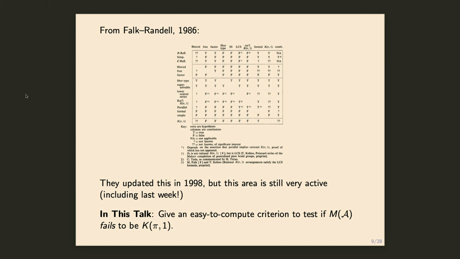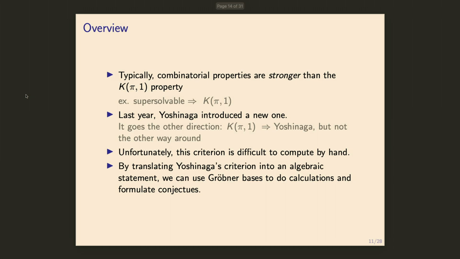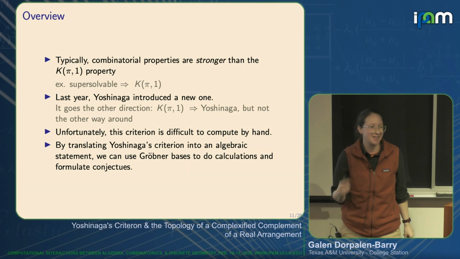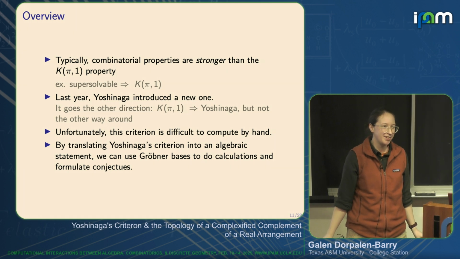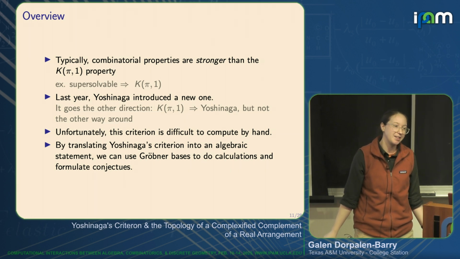People have tried many things, and they haven't always been successful. But many of them go in the direction that if it has this, it's stronger than k pi 1. So supersolvable implies k pi 1, but the converse would be false. So you don't test whether it's k pi 1. Is this a one-sided criterion that sometimes works? Yes. This is the problem.